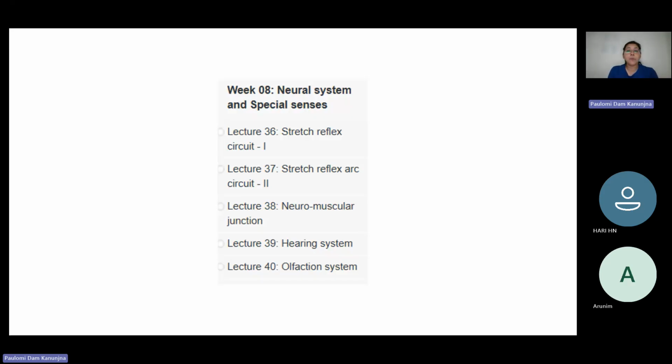But what we are more interested in is the connection between your stretch reflex and the nitty-gritties of how it really translates from detection of the signal from the muscle to the action of the muscle. How does that entire electrical and muscular system work, right?